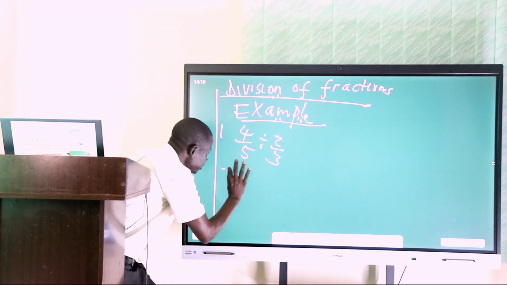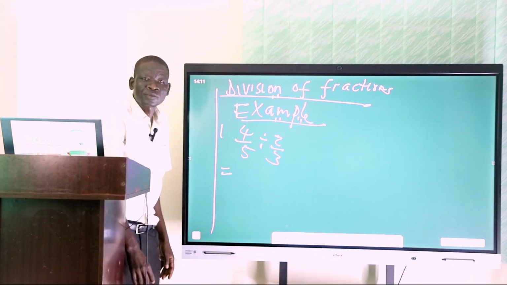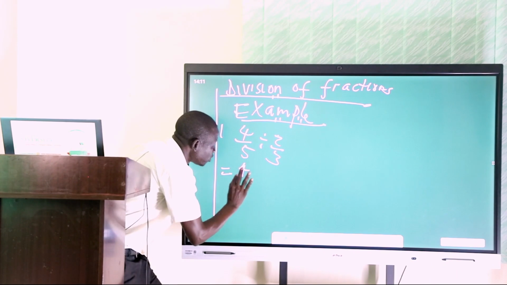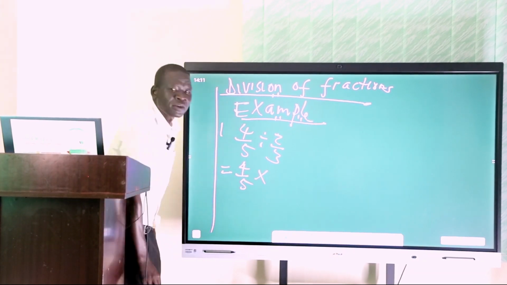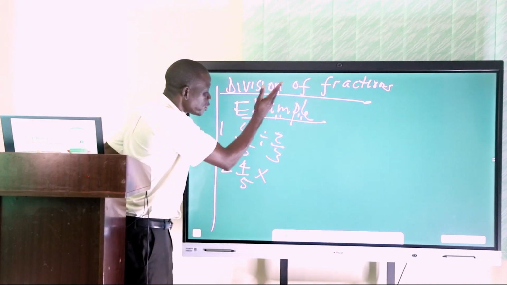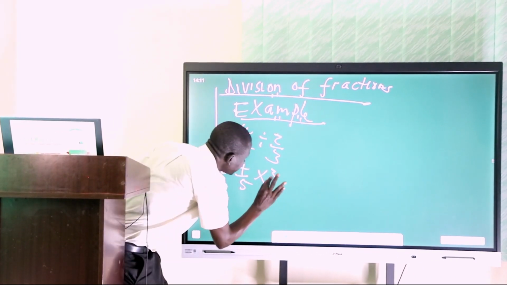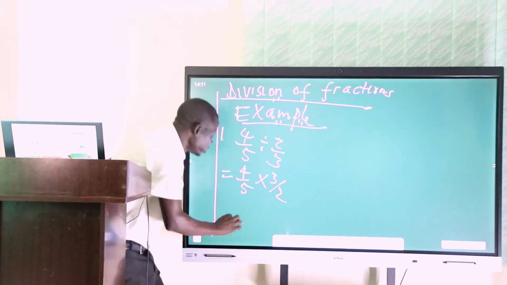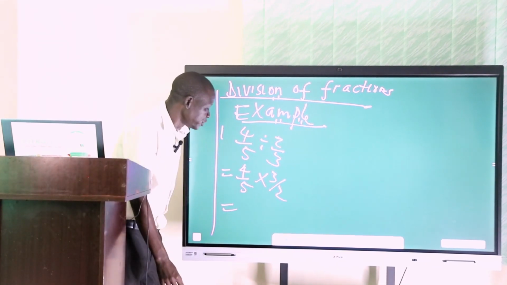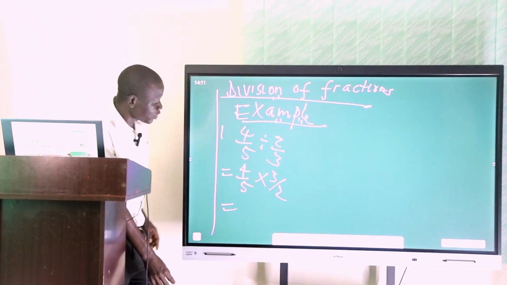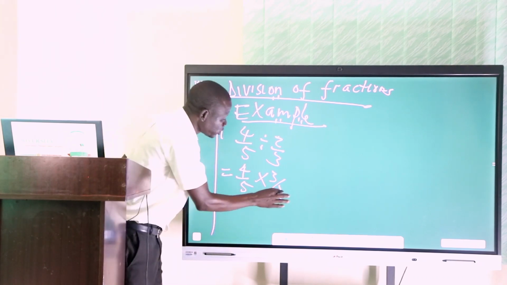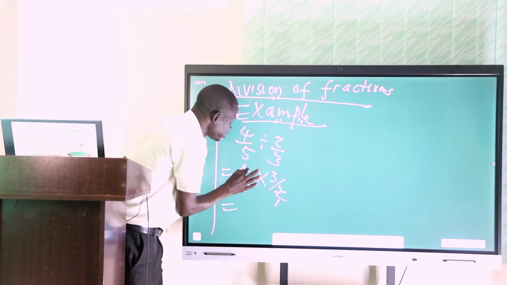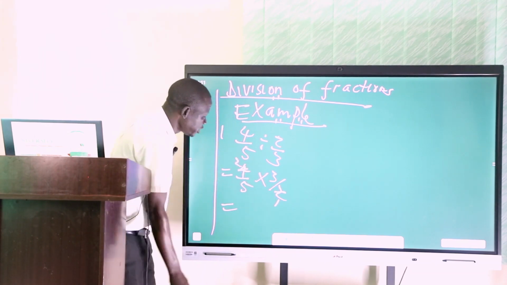So in this case, we shall have 4 over 5, we multiply by the reciprocal of the dividend, that is 3 over 2. In this case, you will find that 2 and 4 have a common factor. So we shall cancel by 2 once, by 2 two times.